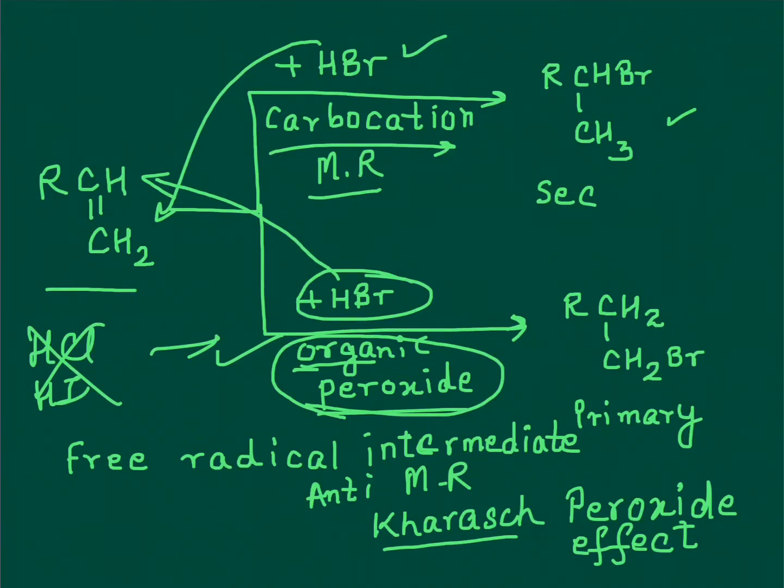They'll still follow Markovnikov rule irrespective of the presence or absence of organic peroxide. Can you find out the reason why HCl and HI do not depict this behavior? Why do they not give you the anti-Markovnikov product? This is a very, very important question as well as learning for you. Please find out the answer for yourself, or maybe just think about it. You may get the answer yourself.